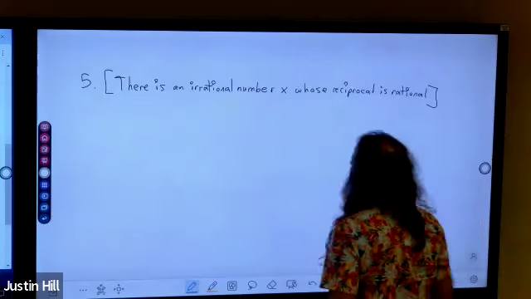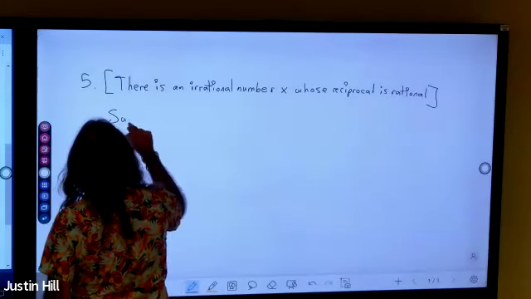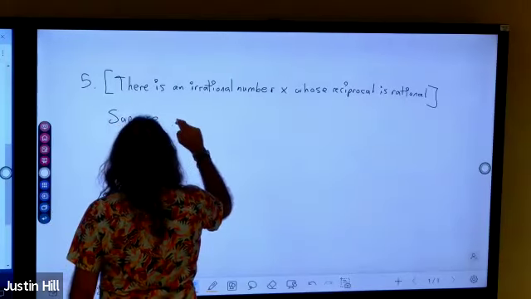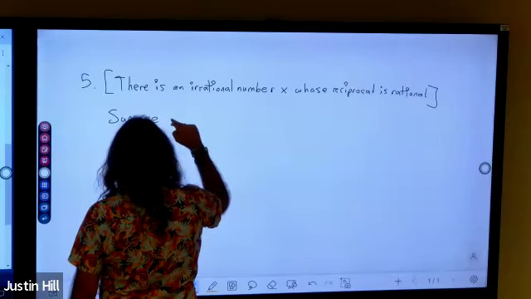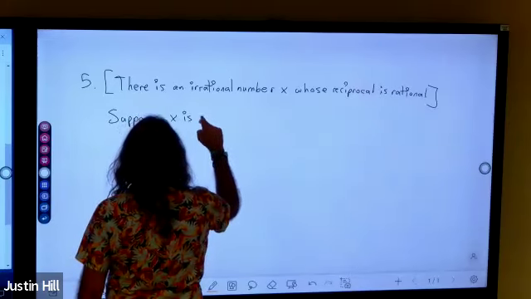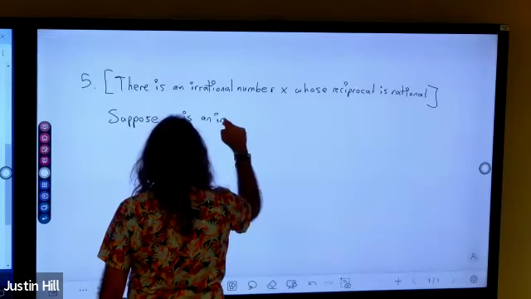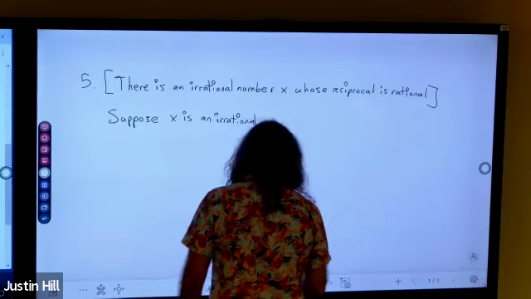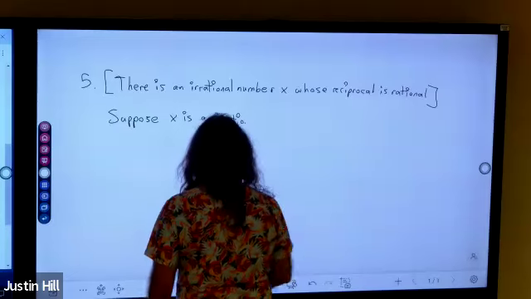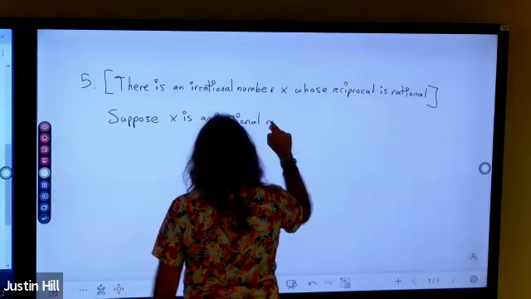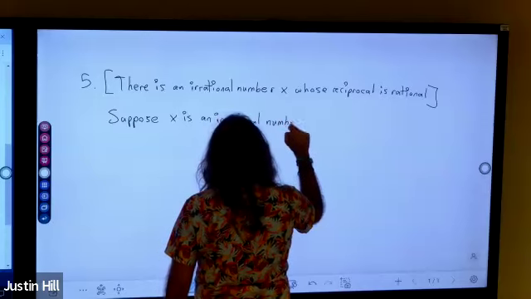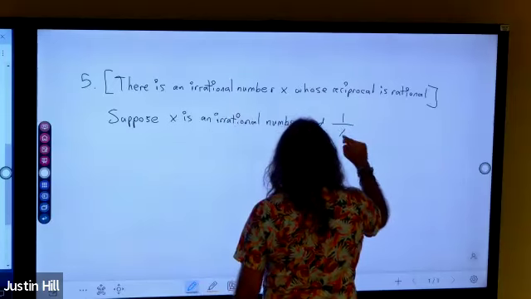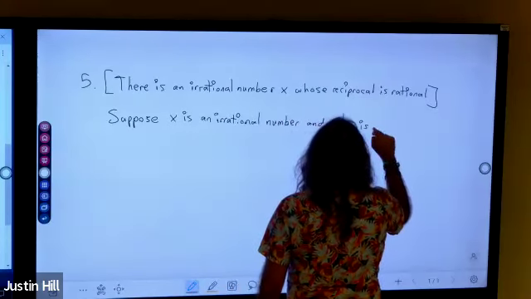So suppose x is an irrational number and the reciprocal 1 over x is rational.